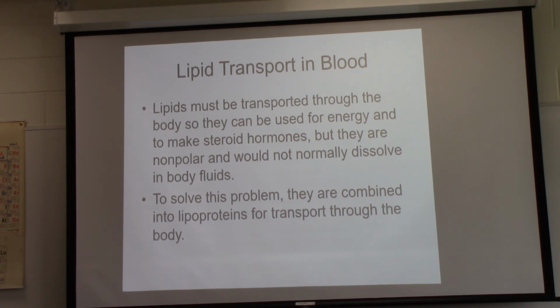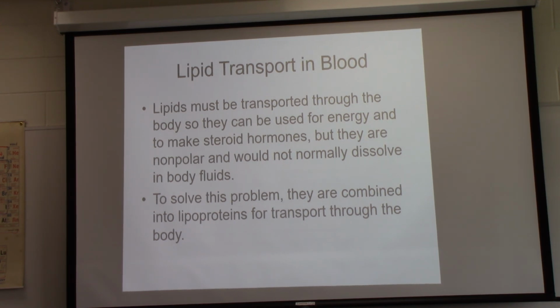Okay, finally, we have these lipids that our body is producing and taking in, fatty acids, etc. When we eat some fat or oil, it's important to get it to the cells. The problem is that when you eat fat, which is nonpolar, and it gets into your blood, it's going to form blobs of nonpolar, like oil and water.